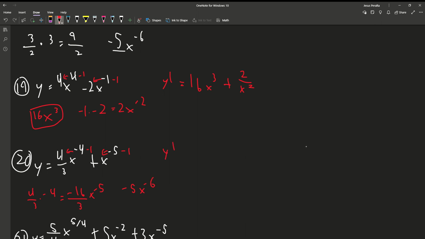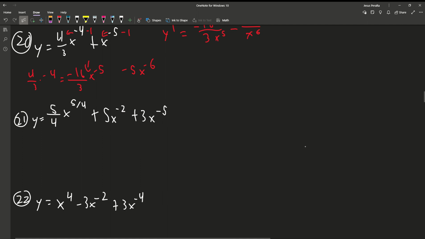So we just do y prime. We get the whole thing, negative 16 over 3, and then we plug in our x. But the x is going to go to the bottom because it's negative. And the other one, minus 5, and then the x to the power of negative 6, again, goes down.